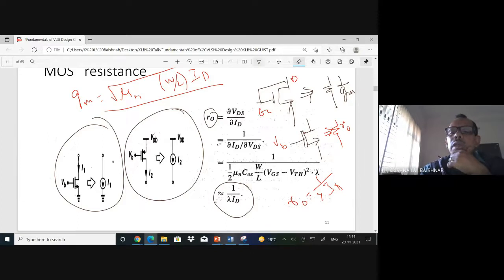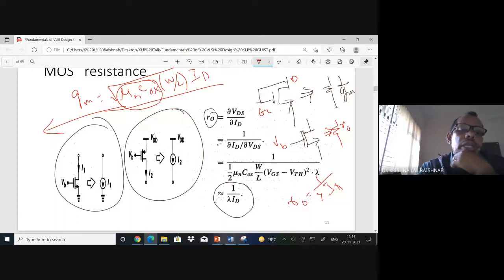Cox means the oxide capacitance. This is basically a technology parameter. A particular technology node has some value, maybe at 180 nanometer, I still remember the data.